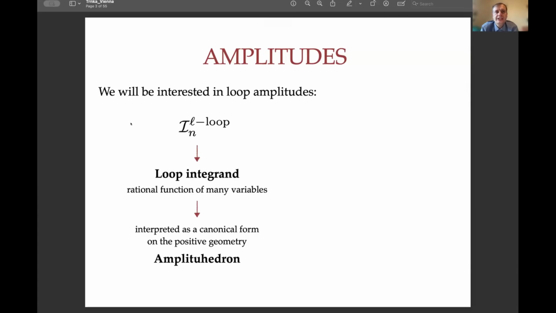So one object we will be interested in is the loop integrand for scattering amplitudes in this theory, as a rational function of many variables, not only the external kinematics, but also the loop variables. On this side of the story, this rational function can be interpreted as a canonical form on some positive geometry called the Amplituhedron.